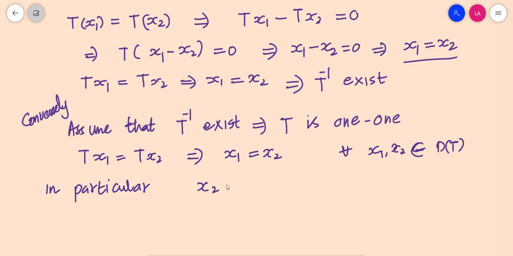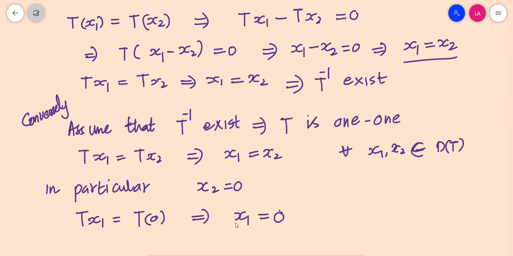This is true for any x1, x2, so it is true for the case when x2 is equal to 0 also. So T of x1 is equal to T of 0 implies x1 is equal to 0.